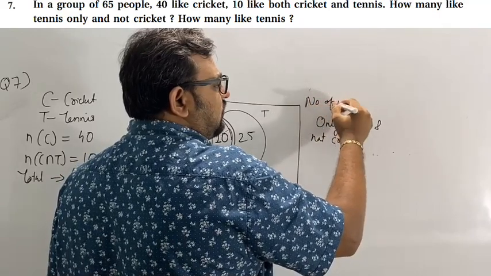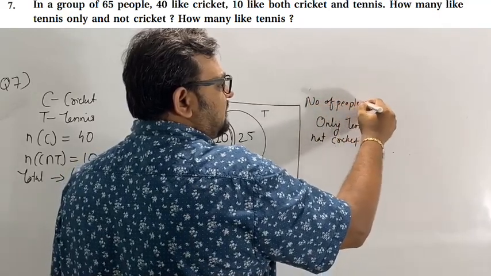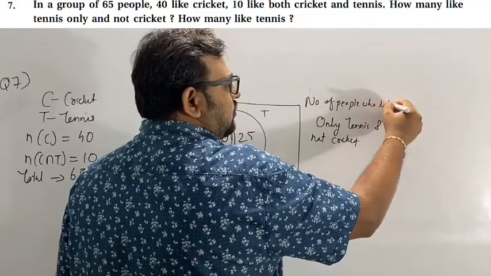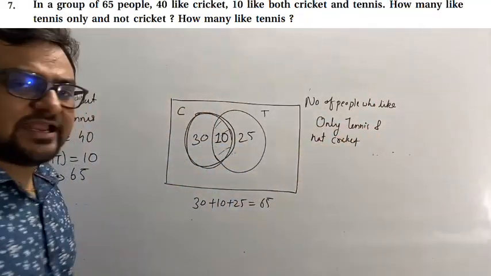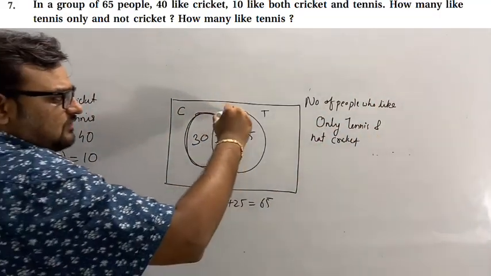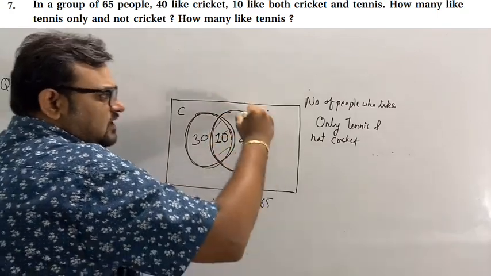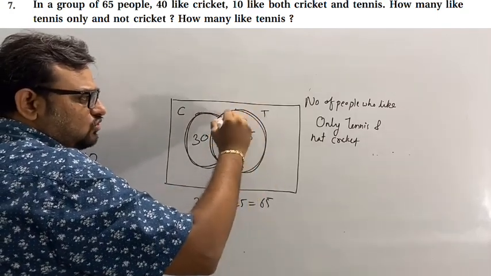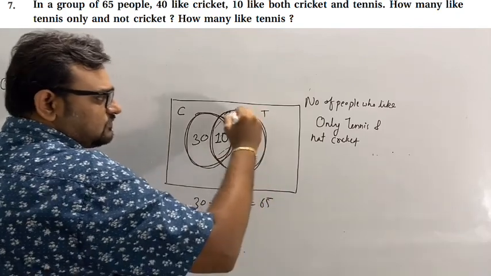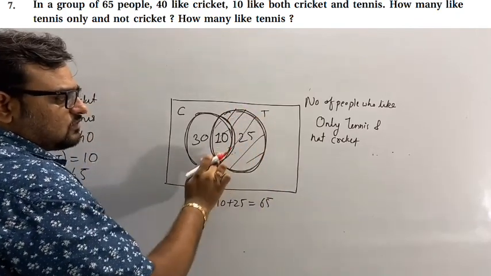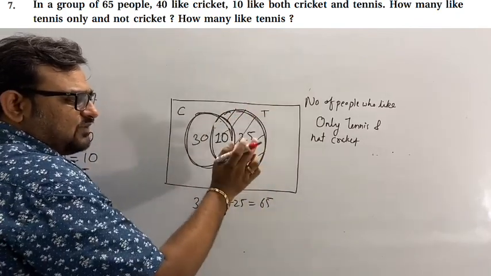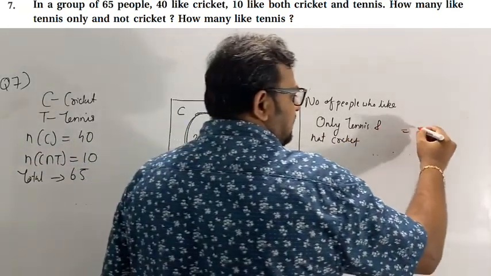Number of people who like only tennis and not cricket. This is total tennis, but we want only tennis, so this one. Okay, so how many are there? 25. Only tennis.